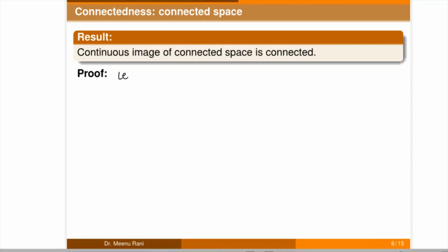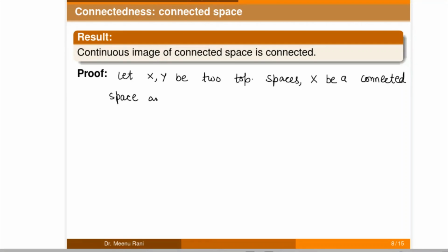For the proof, let X and Y be two topological spaces in which we take X is connected, and we take a function f from X to Y, which is a continuous function.